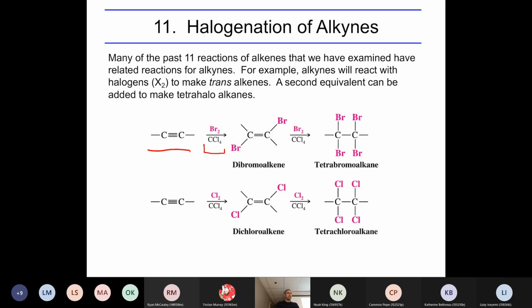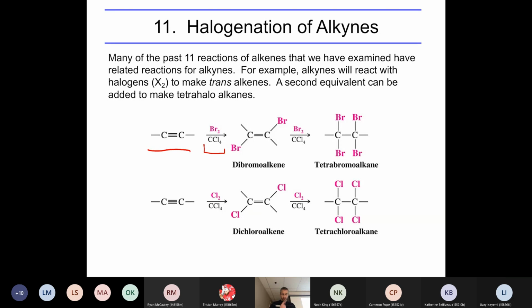CCl4, I talked about in a previous class. CCl4 is carbon tetrachloride. That's a solvent that has sort of gone out of favor because it will destroy the ozone layer. So we don't really use CCl4 anymore, but any other nonpolar solvent here is fine.